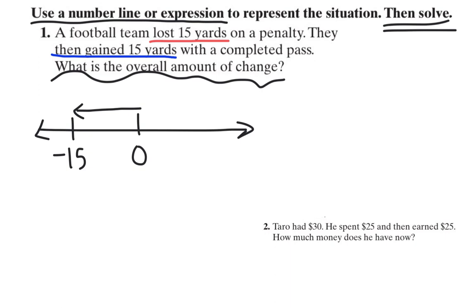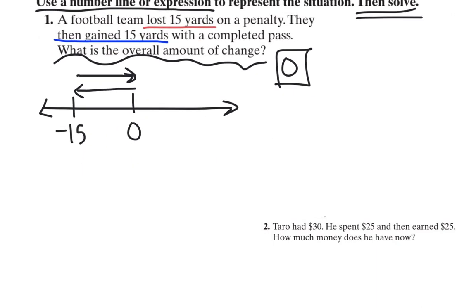And then if they gained 15 yards, if we're at negative 15, if we gain 15 yards, we're going to go to the right 15. So negative 15, if you go to the right 15, that's going to take you back to 0. So the overall amount of change would be 0, which basically just means they're back to that original line of scrimmage.